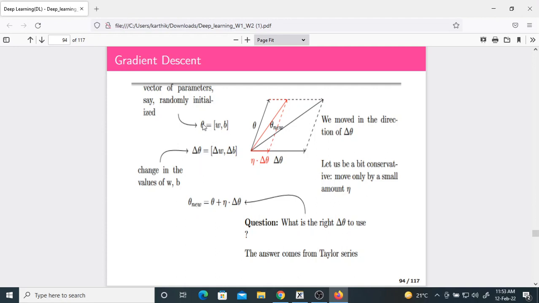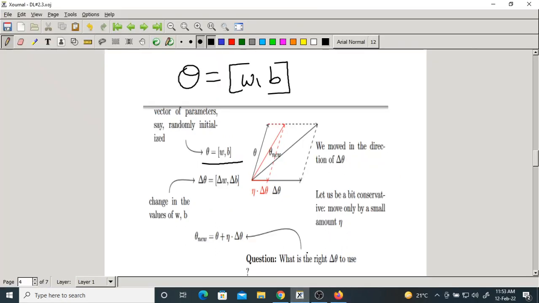So this is theta. Now we have written in the form of vectors. Let me go back here. So this is delta theta. We are defining a delta theta, that is the changes in the two parameters. Why? Because initially we go with random values. Suppose in the previous example we started with, I don't remember exactly, maybe 0.5 comma 0.2.